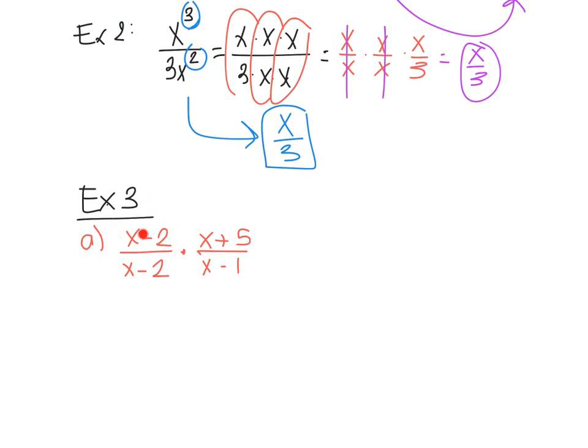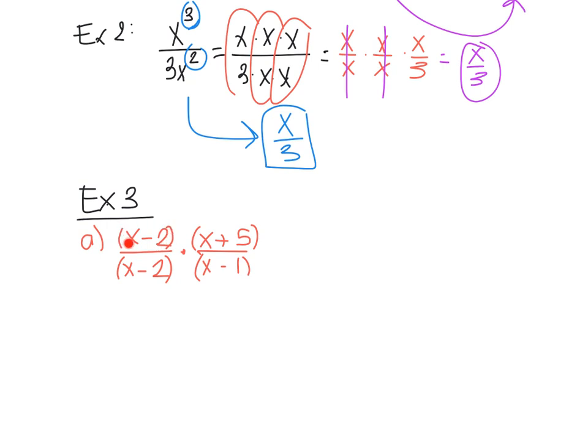So I can't cross out these x's with each other because there's something else that I'm doing before I divide, and that's why we don't really typically write it like this, but these are actually considered to be in their own group of parentheses. So don't fall into that trap of wanting to cancel out x's wherever you see them, because it's this whole numerator divided by this whole denominator.